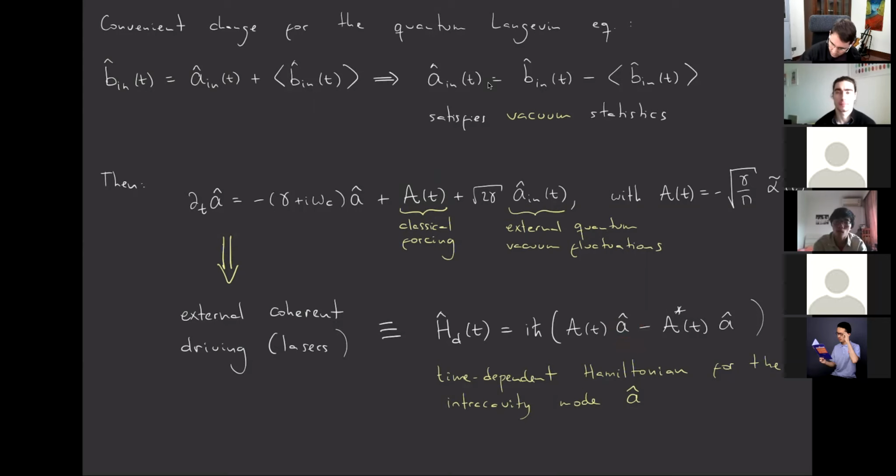Oops, by the way, this is wrong. So it depends on cavity operators. So this is a Hamiltonian only for the system. And you can assume that outside there is nothing. So you have the vacuum or whatever other state you have, discounting already the lasers, okay?